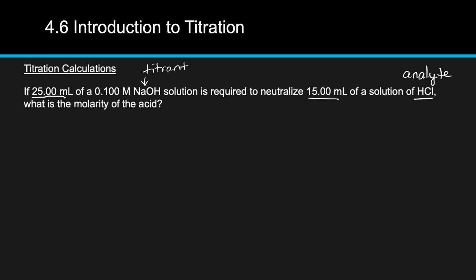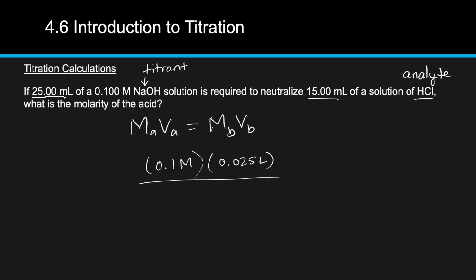So in order to solve for the concentration of the acid, we use that equation MaVa equals MbVb. So we know our concentration of sodium hydroxide is 0.1 molar, and our volume is 0.025 liters. And we know our volume of the acid, which was 0.015 liters.